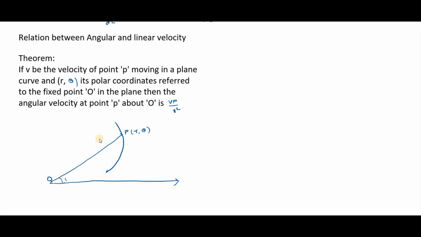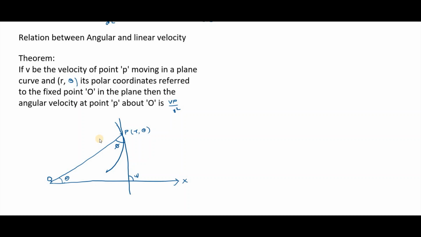This angle is equal to theta. If you draw a tangent to the curve at point P, which makes an angle psi with the x-axis, then this angle is equal to phi.